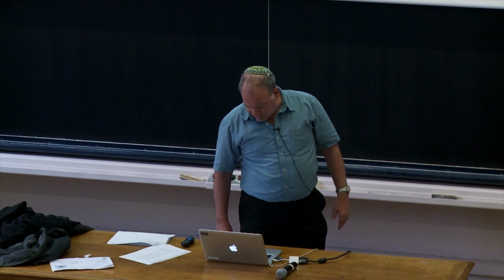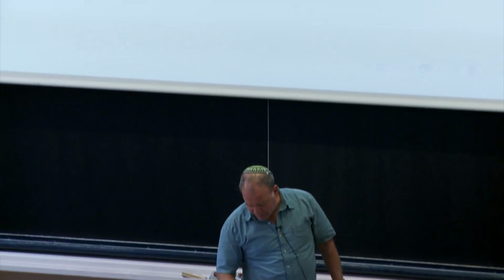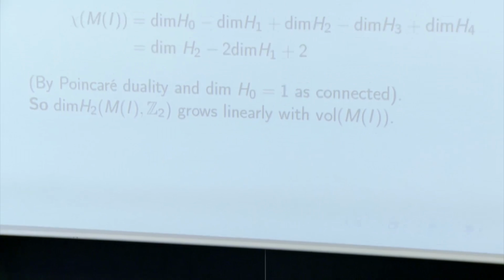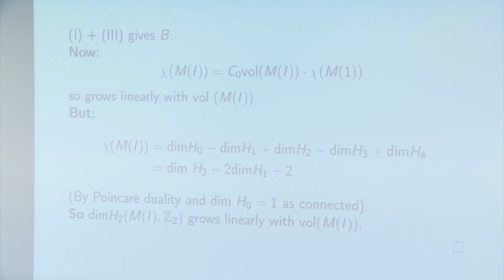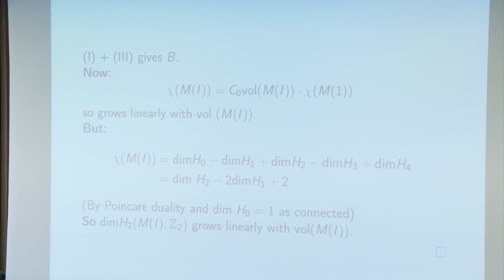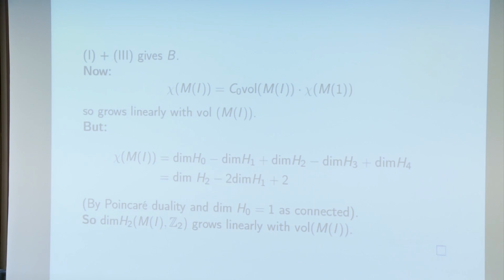Okay, so the last thing. What I have explained is the issue about the distance. Now, what about the dimension? How does it follow from the Euler characteristic? This is, again, now a trivial argument, because what is the Euler characteristic? The Euler characteristic is the dimension of H0 minus the dimension of H1 plus H2 minus H3 plus H4. You see, we are lucky. If we were working with 8, then we could not do this argument.